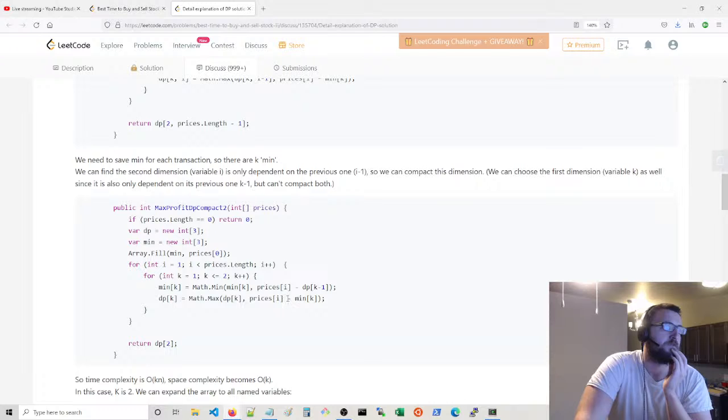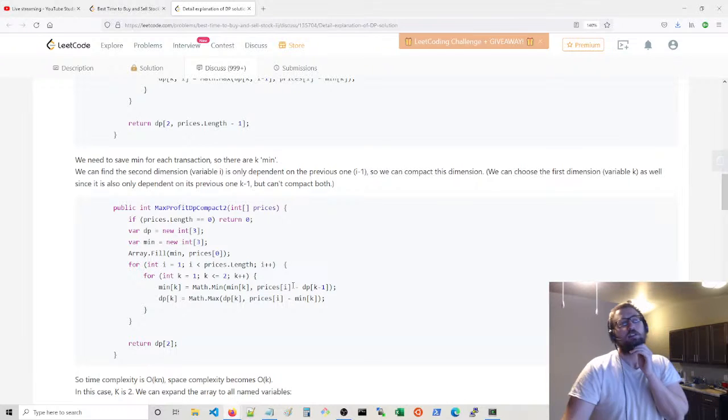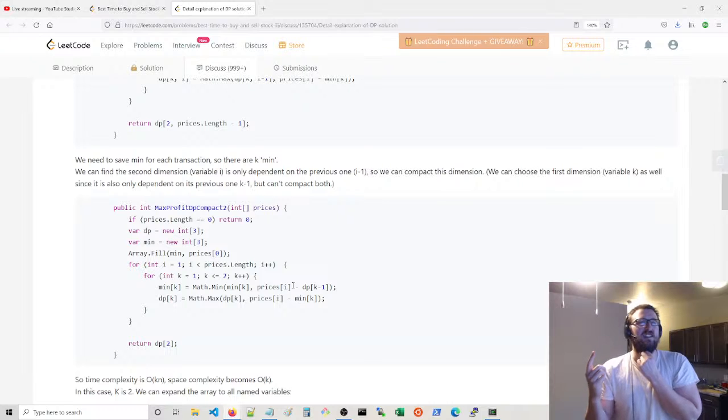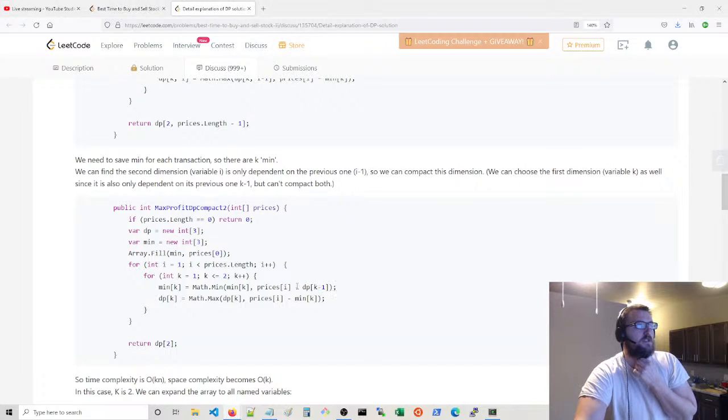That could happen. So we know that dp1 didn't change, which means that min1 is the same.